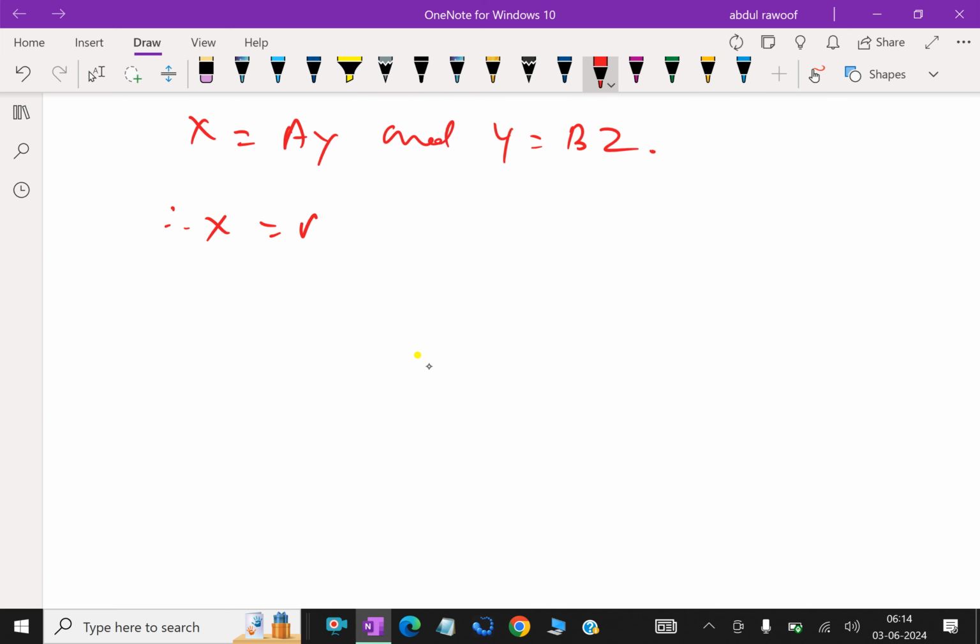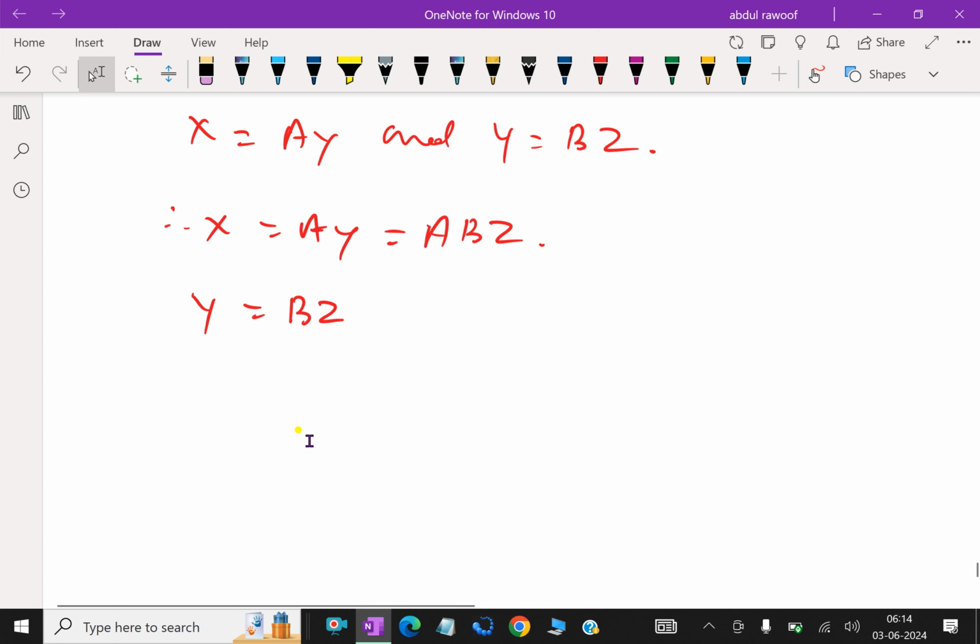X is AY, and Y is BZ. So X equals ABZ. Then the second one, Y is BZ.